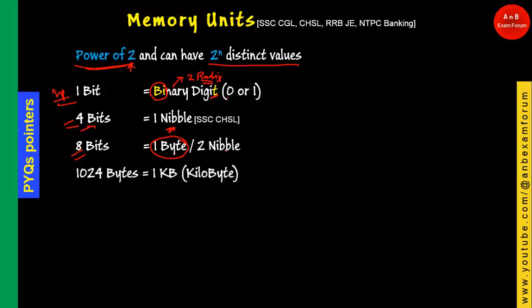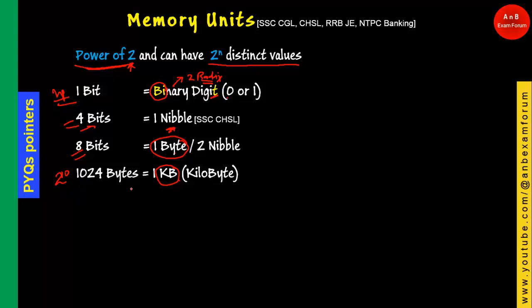The next one is 1024 bytes. So that's what I am telling you, it is power. 2 power 10 is what? 1024. So when you combine 2 power 10 bytes, it becomes a kilobyte. KB means kilobyte. So 1 kilobyte equal to how many bytes? 1024 bytes.